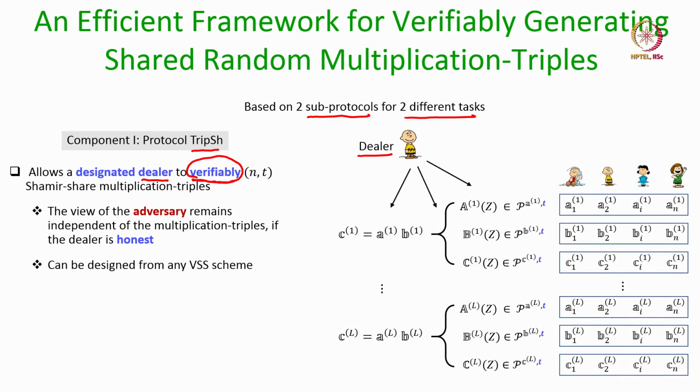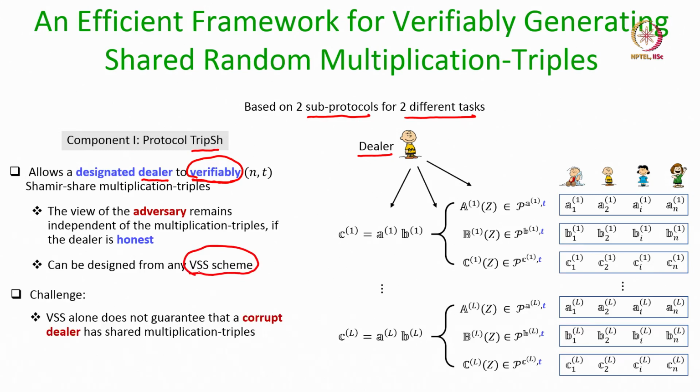Interestingly, this special type of sharing protocol, namely this triple sharing protocol, can be designed from any polynomial based VSS scheme. However, the challenge is that VSS alone does not guarantee that a corrupt dealer has shared multiplication triplets.